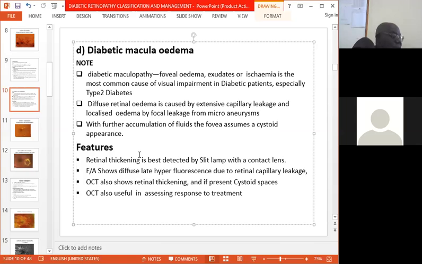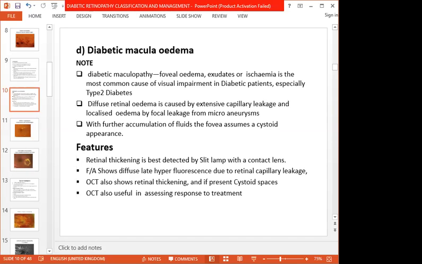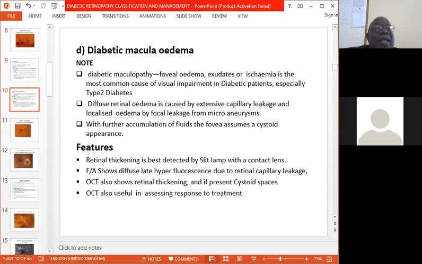You have fluid deposits around because you've now got leakages from the capillaries there. Retinal thickening is best detected by slit lamp with a contact lens. Fluorescein angiography shows diffuse late hyperfluorescence due to retinal capillary leakage. The fluorescein was already injected in the blood, so it will come together as the circulation continues.